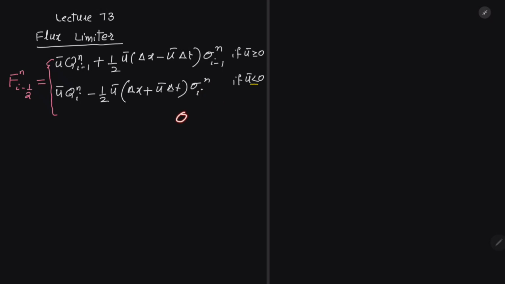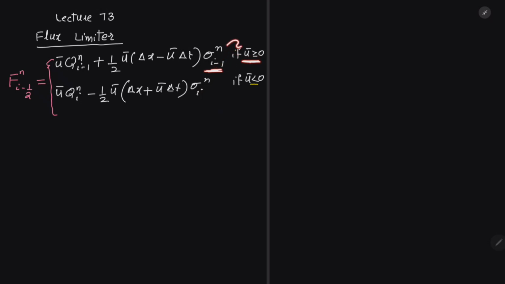When, for example, sigma, the slope, is equal to 0, then you get the upwind method. Very simple. But if you change this sigma at I minus 1, it depends on what you consider u bar.